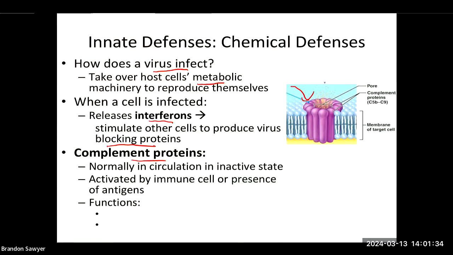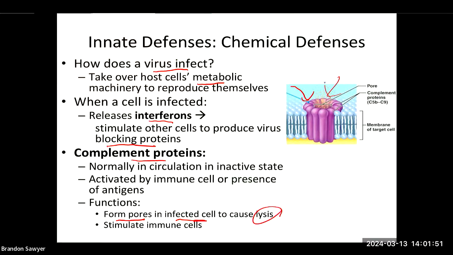It creates these little pores in cells, which makes the cell's contents spill out and the cell gets destroyed, right? So this is a very effective part of our immune system, activating the complement protein to form those pores in a cell that's already infected. And then that cell lyses, and that also stimulates other immune cells in that area.